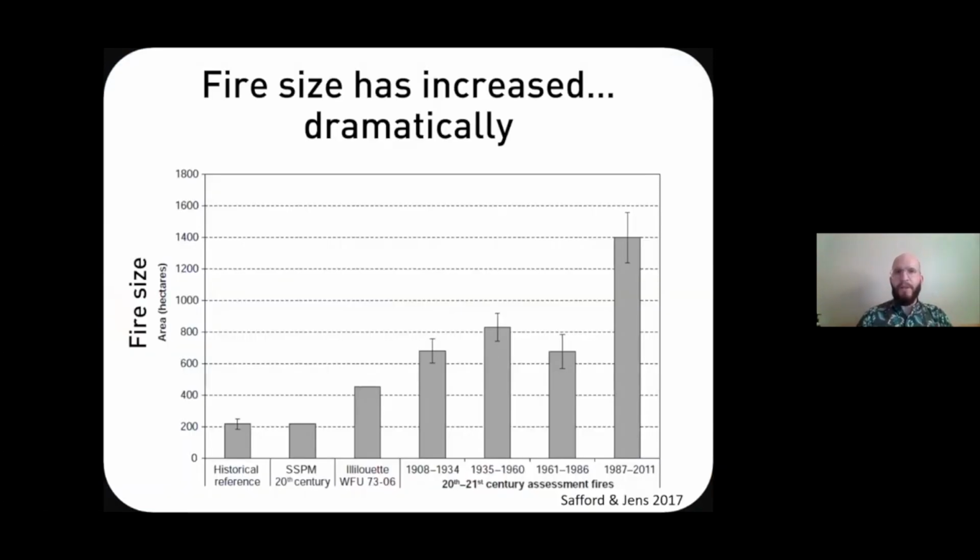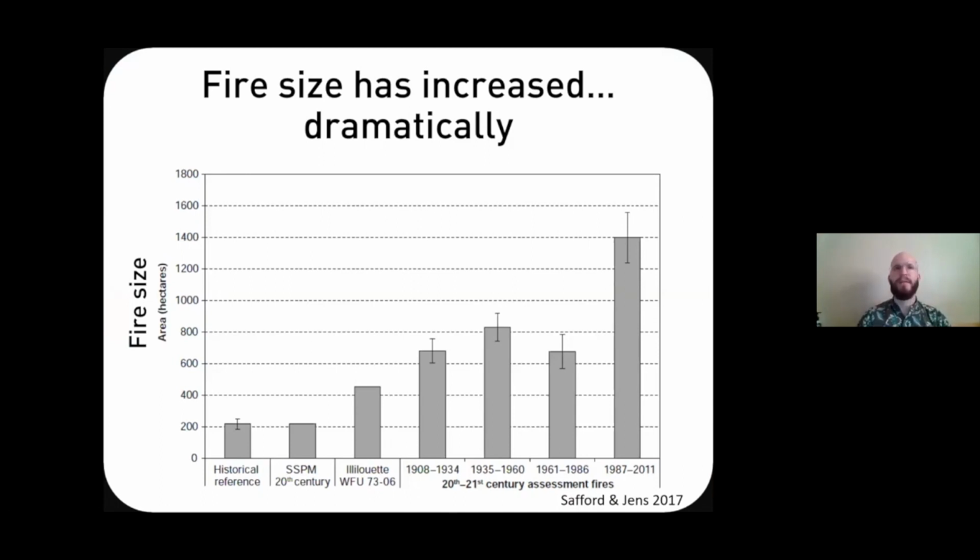And that's not the only change to the fire regime. We also see that the average size of fires has dramatically increased. So historically, fires were relatively small, about 200 acres, and now the average fire size is 7 times larger, with a few outliers of extremely large fires.